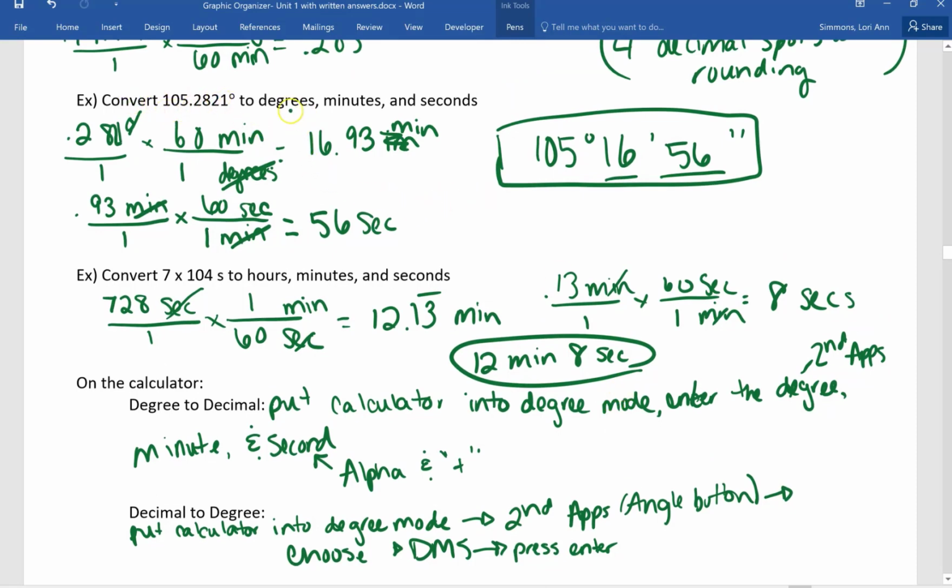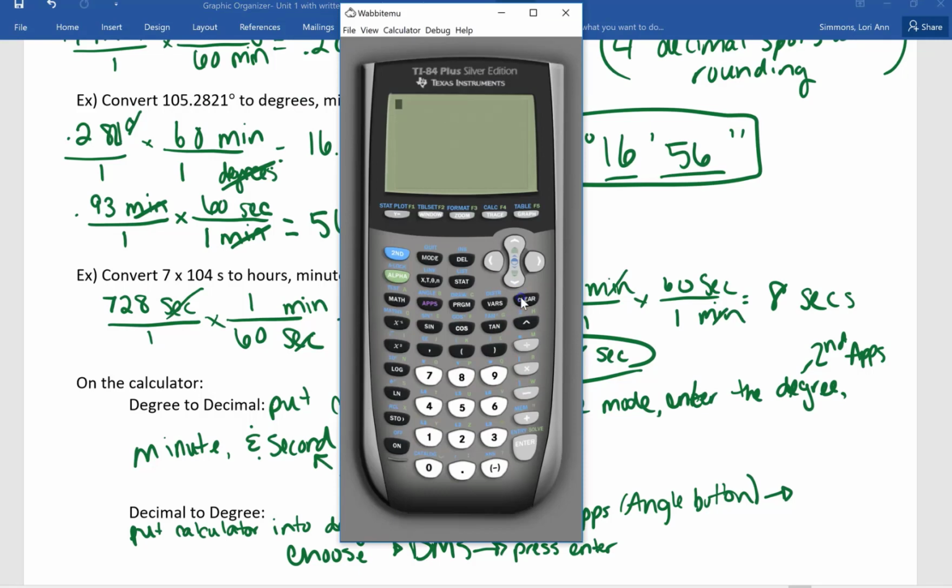Here's decimal, and we want to go to degree. So let's work on this one on our calculator. So type in the 105.2821, and we already know we're in the degree mode because we just did that earlier.